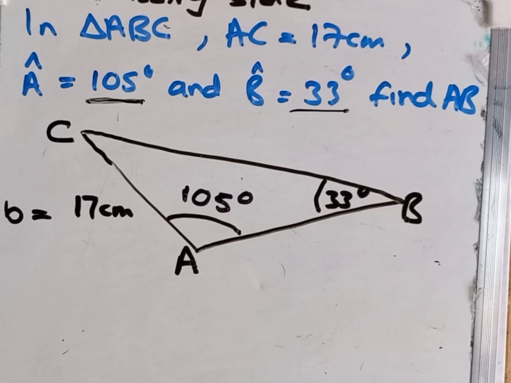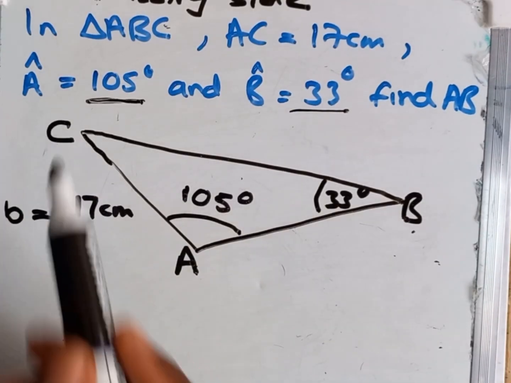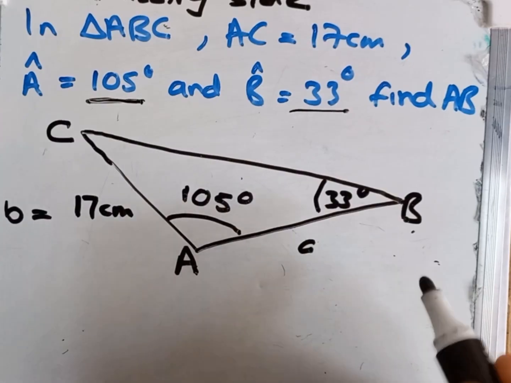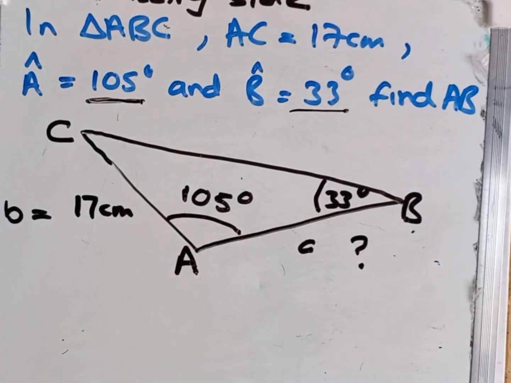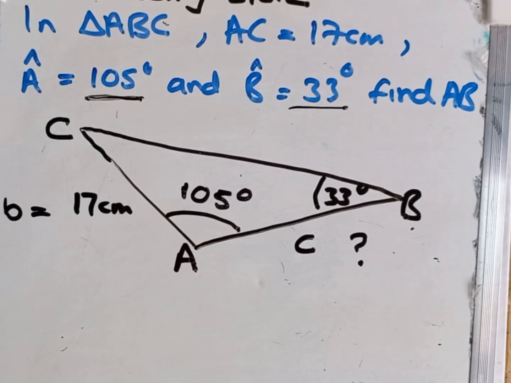And then we are instructed to find AB, which is opposite to angle C. So it's a small letter c. That is the side that we want to find, our small letter c.